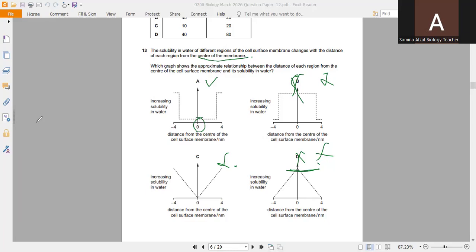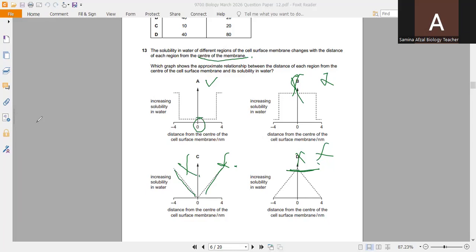So graph A correctly models their structure with a sharp step-like increase in solubility where the phosphate heads begin, rather than a gradual linear slope.